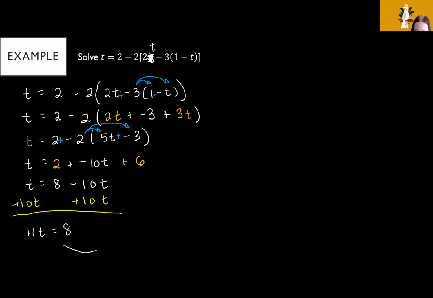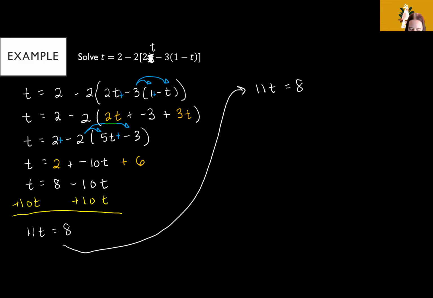And so, like I said, I knew I was going to be running out of room. Normally if you do this on a piece of paper, you just keep going. But since I am limited by how much space I have on my PowerPoint, I'm going to just move an arrow so I know where I'm going next and then make a second column here. So we have 11t equals 8.